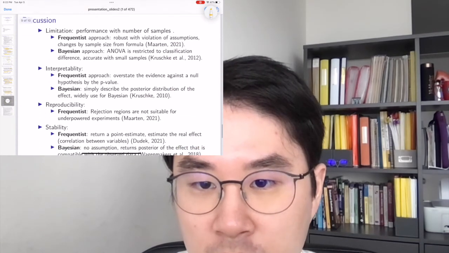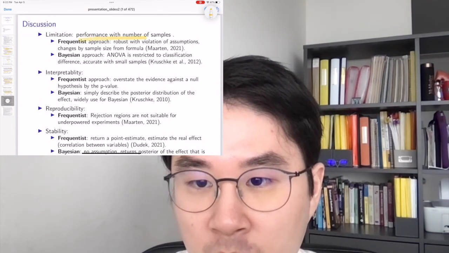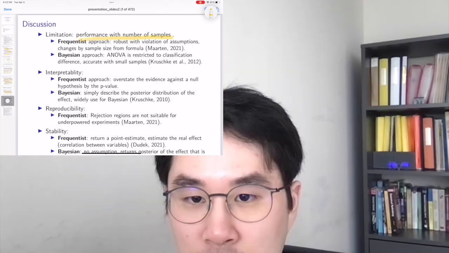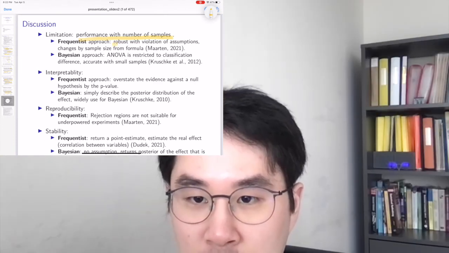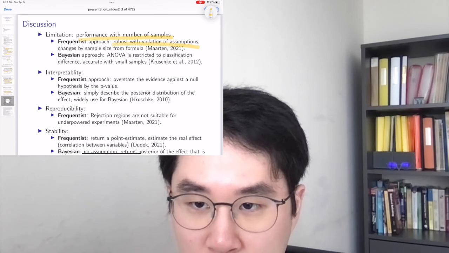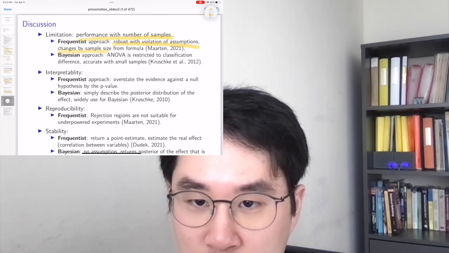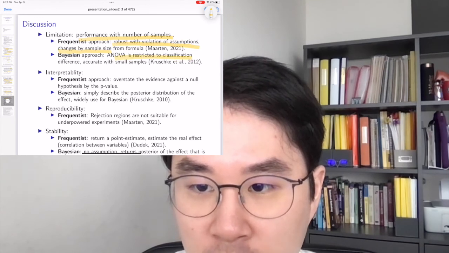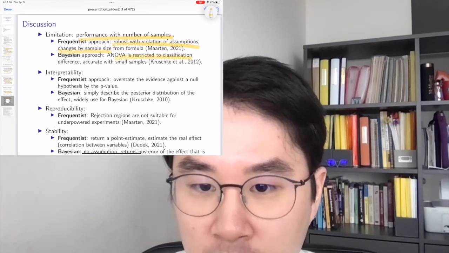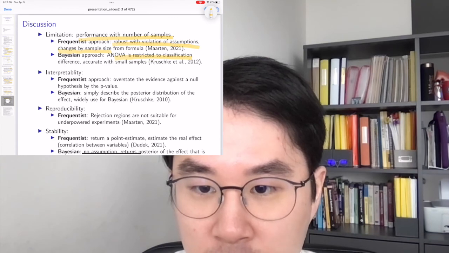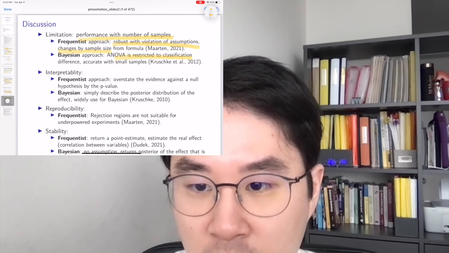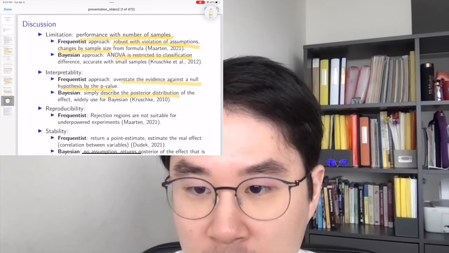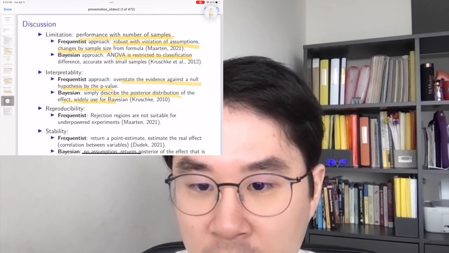According to our research, there is a limitation in performance with the number of samples. From the frequentist approach, we can see that it is robust to violations of the assumptions, but it changes with sample size. In the Bayesian approach, ANOVA is restricted to classification differences. On interpretability, the frequentist approach overstates the evidence against the null hypothesis, while the Bayesian approach simply describes the posterior distribution of the effect.